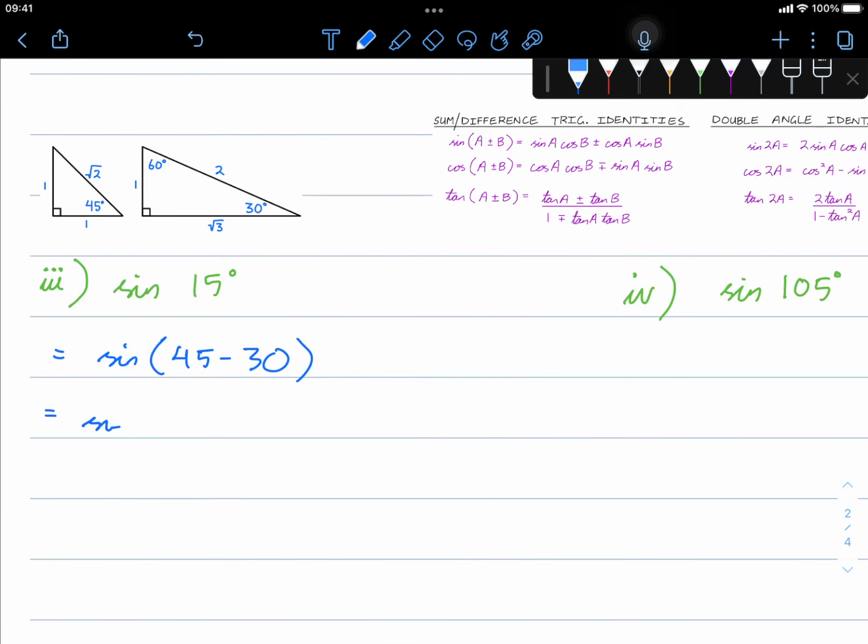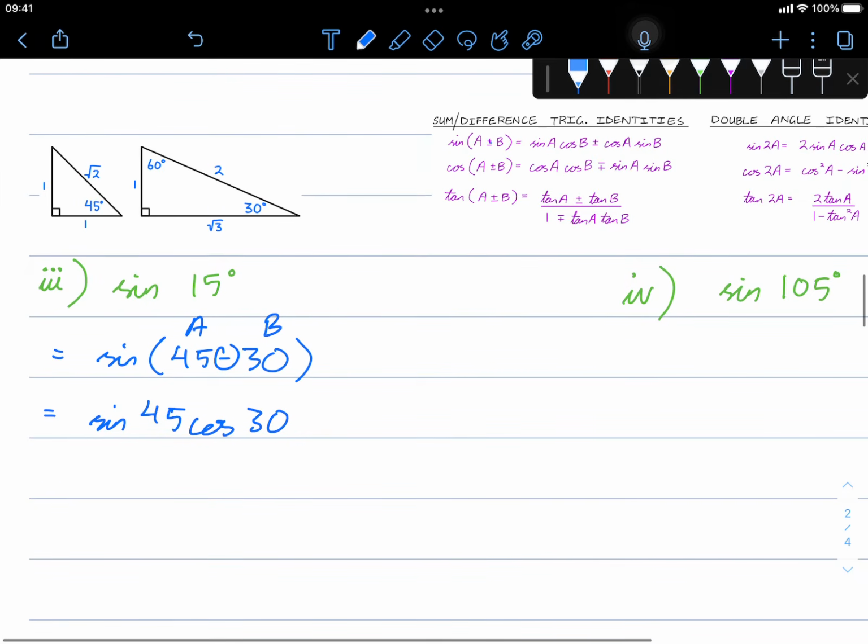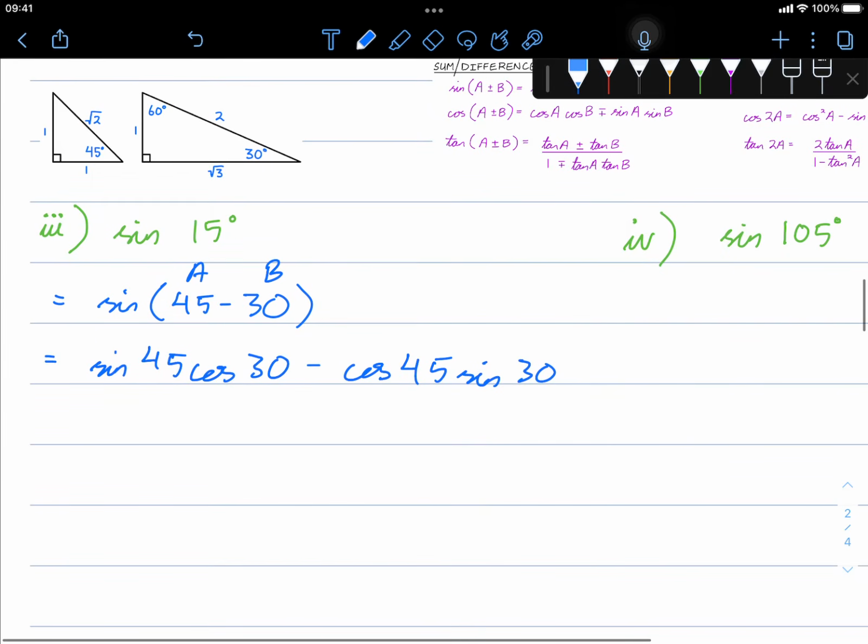So we have A and B. This becomes sine 45 cos 30. Since it's minus, we take the minus as well. This becomes minus cos 45 sine 30.